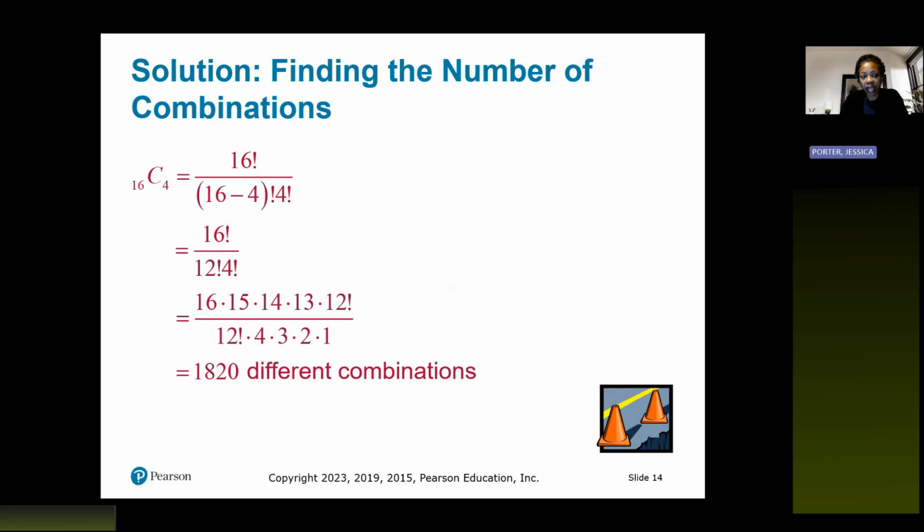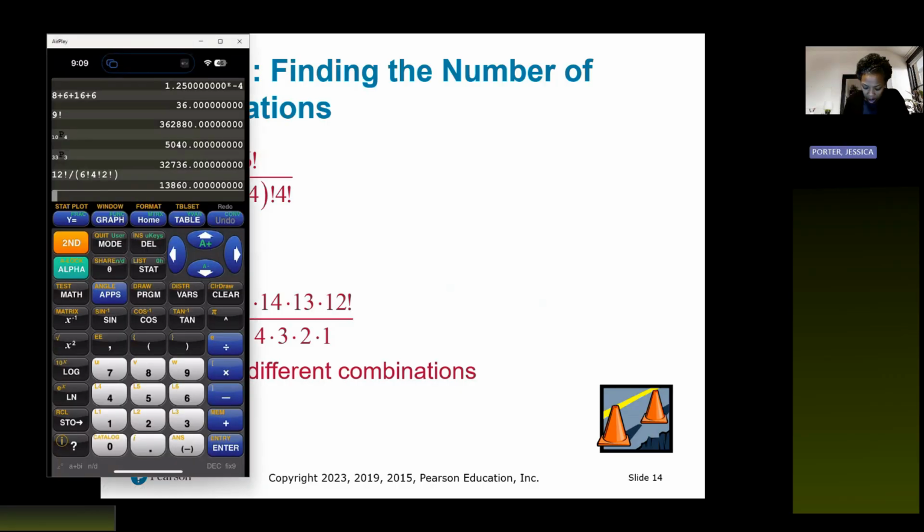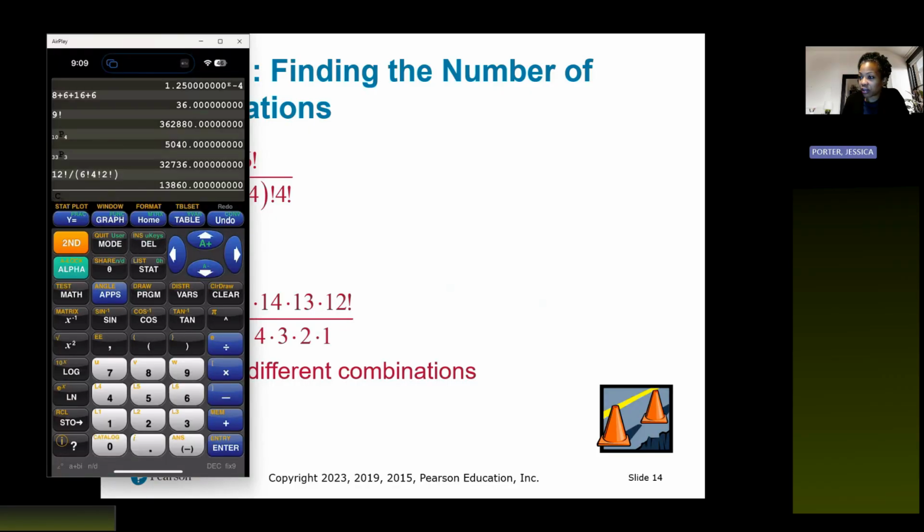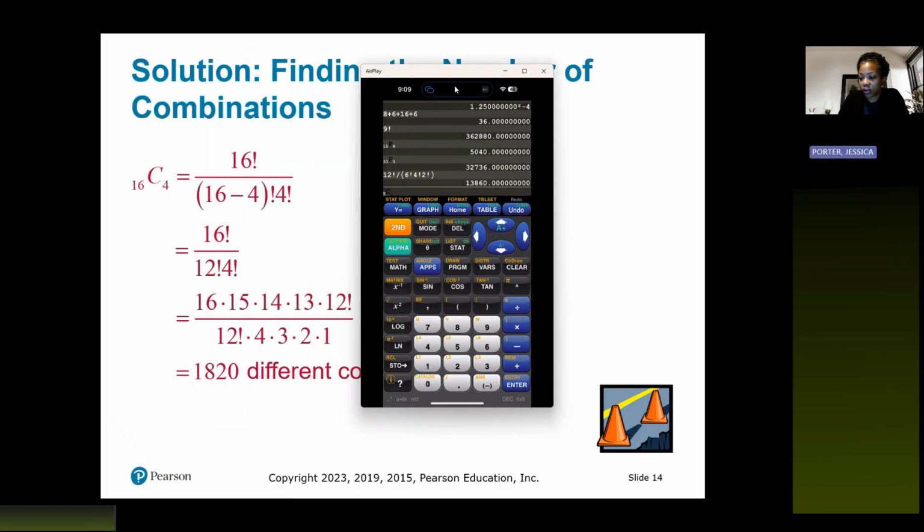So same kind of steps, same place. Let's go to the calculator first. Same place, math, PRB. This time it's nCr, number 3. And what were the numbers? 16 and 4.